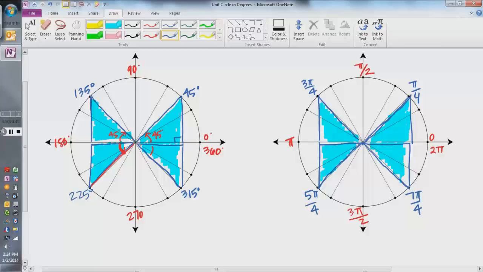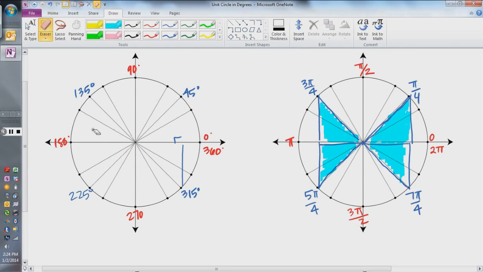The next thing we need to look at are our 30, 60, 90s. Let me clean this up a little bit.